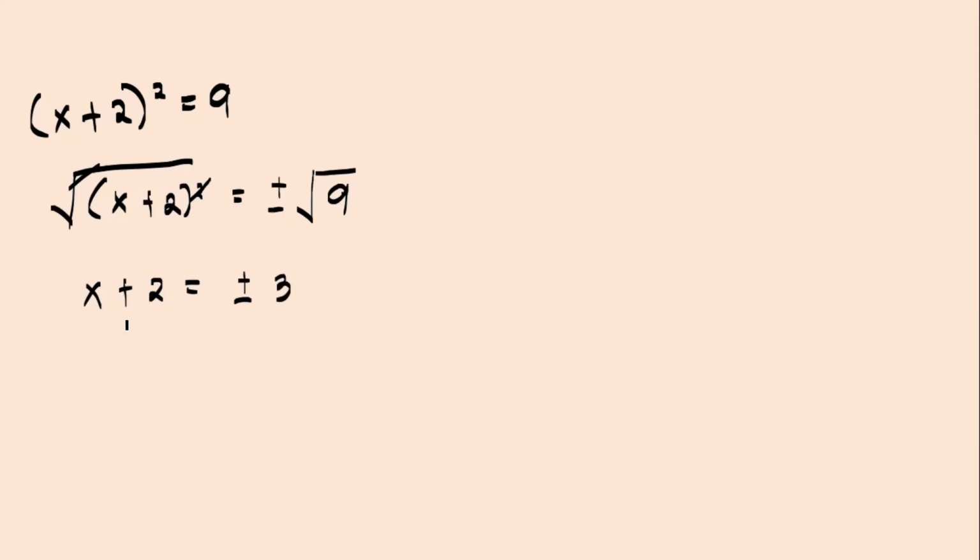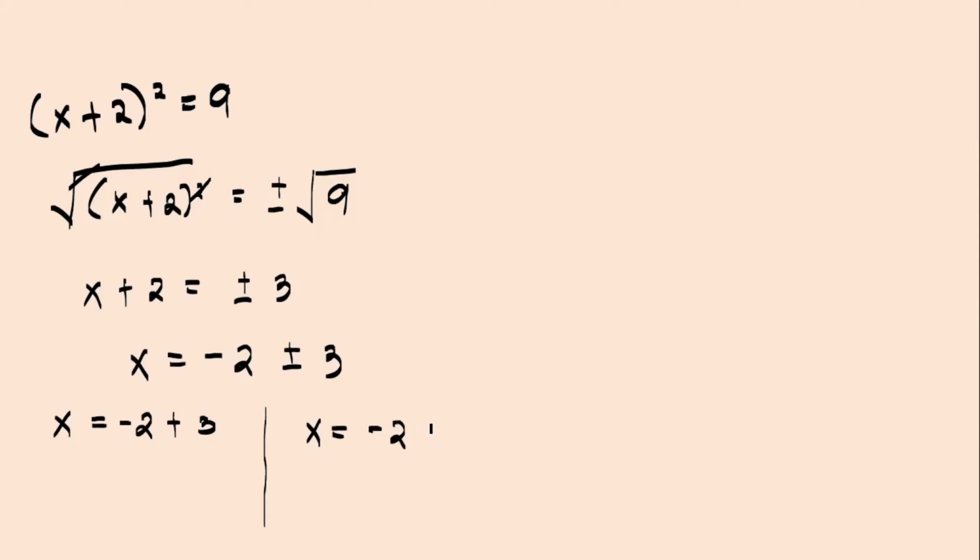So again, x lang ang kailangan. So tanggalin yung constant na 2. Lipat sa kabila. So that is x is equal to, from positive 2, it will become negative 2, then plus or minus 3. So dalawa yung magiging value ng x natin dyan. Okay? So x is equal to negative 2 plus 3. And yung isa, x is equal to negative 2 minus 3.